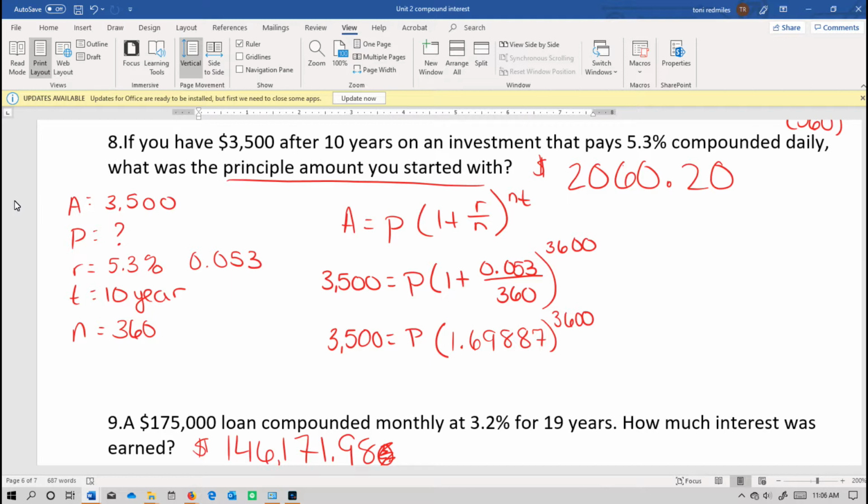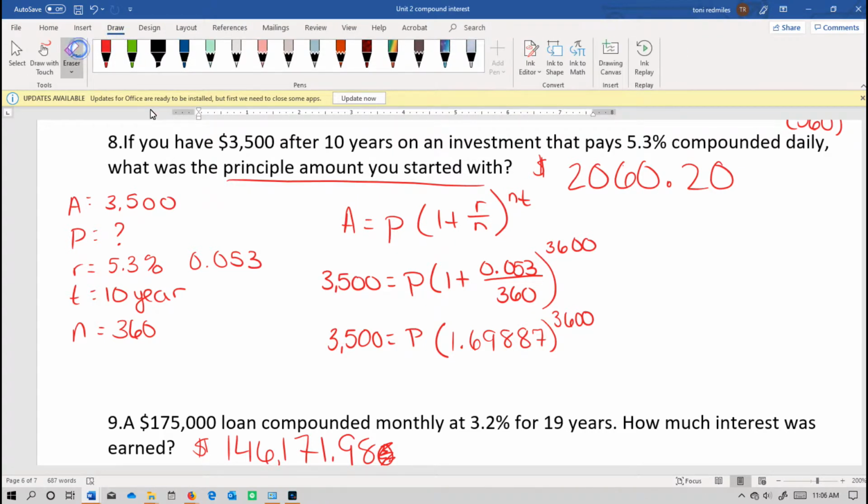Okay. So yes, that's what I did wrong. You do what's inside here. I skipped a step. I forgot I did it all in that step. So you do what's inside here: 1 plus 0.053 divided by 360.